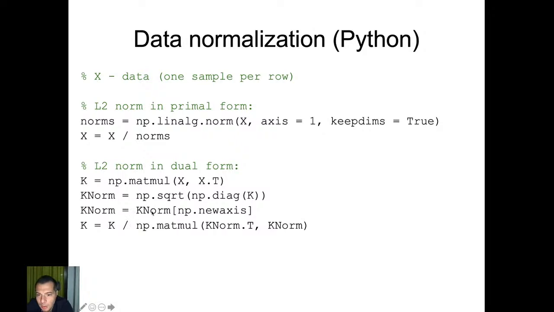We have to add a new axis to make it a column, so that when we transpose it, it becomes a column vector. So this is a simple vector. We add a new axis, it becomes a row vector, and then we transform it by transposing into a column vector multiplied with a row vector, and then we do the division component-wise.